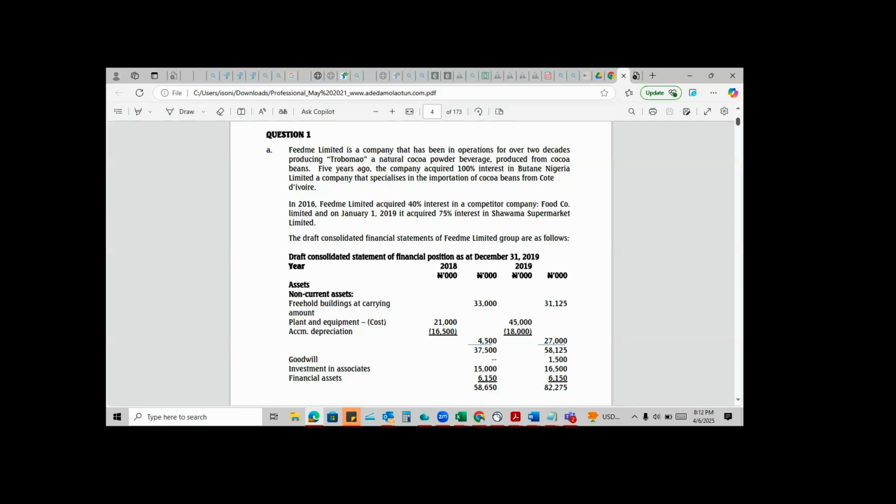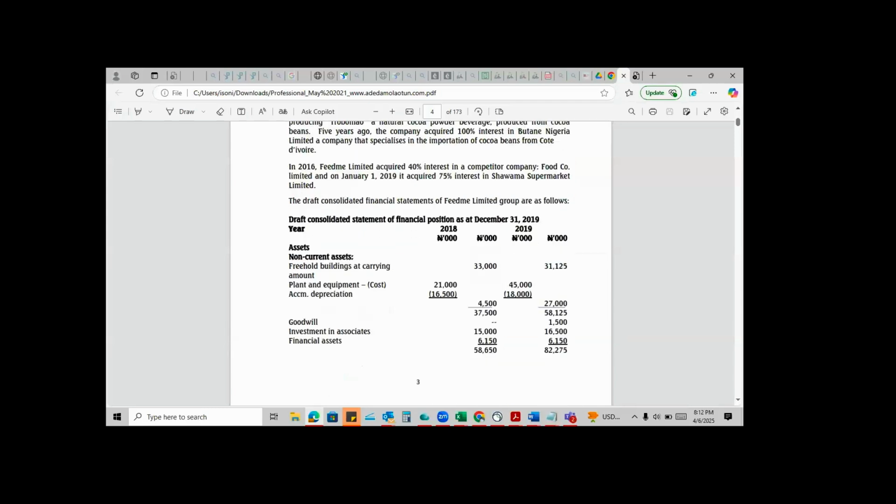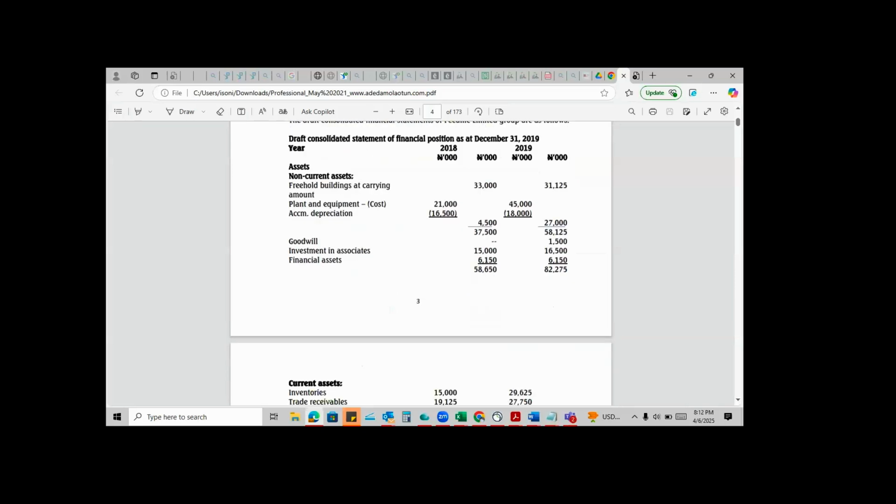All right. The draft consolidated statement of Feed Me Limited Group is as follows. First of all, we have the draft consolidated statement of financial position as at 31st December 2019, and now we have a comparative year 2018.